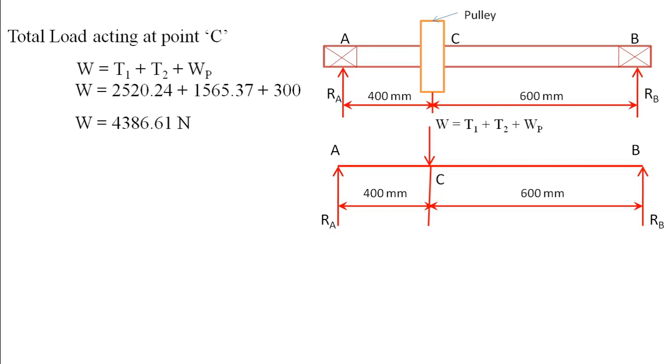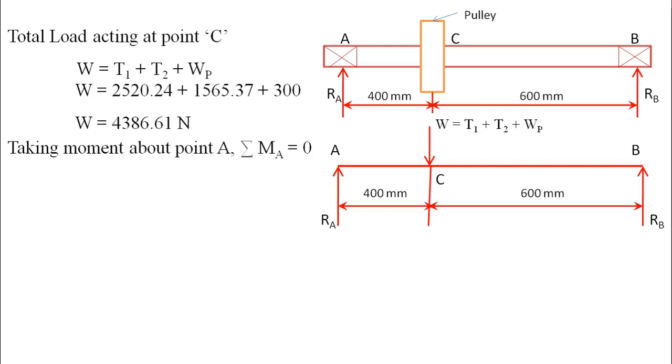Now, we have to find out the bending moment. For that, taking the moment about point A, means summation of MA is equal to 0. The load at point C is going in a clockwise direction.